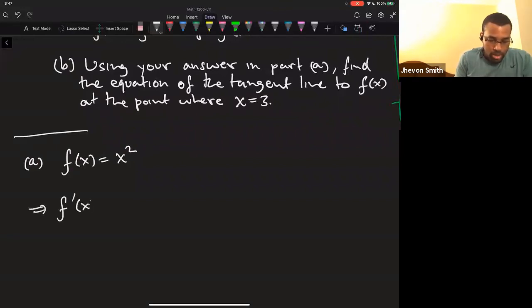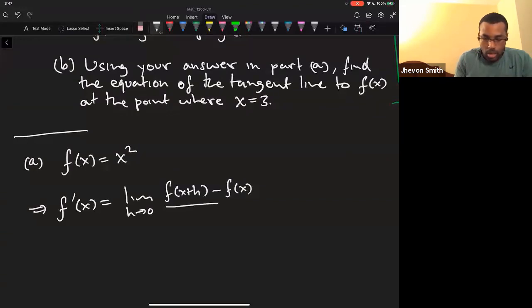And so f prime of x is going to be equal to the limit as h approaches 0 of f of x plus h minus f of x all over h. Know this definition. As in the entire equation.